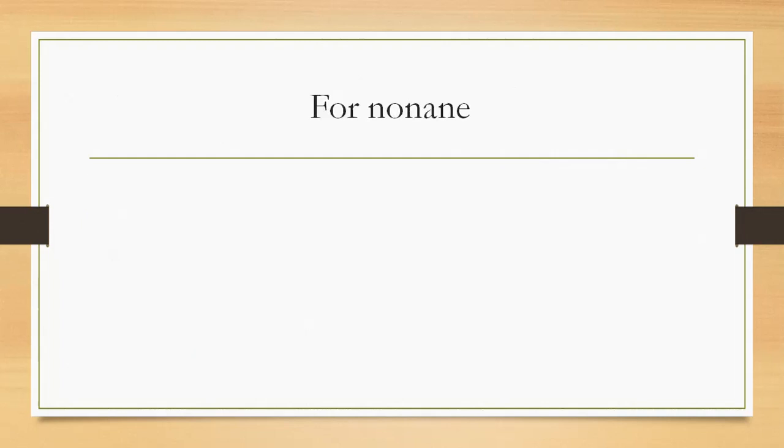Now, for nonane, you have to modify the formula a little. Number of isomers is equal to 2 to the power n minus 4 plus 3, instead of plus 2. Up to 7 carbon alkanes, 2 to the power n minus 4 plus 1; 8 carbon alkane, 2 to the power n minus 4 plus 2; 9 carbon alkane, nonane, 2 to the power n minus 4 plus 3.